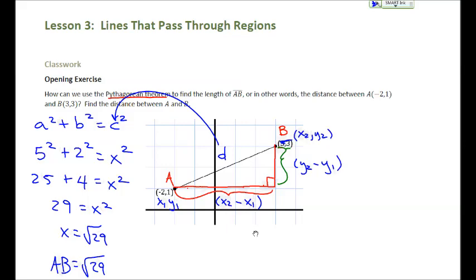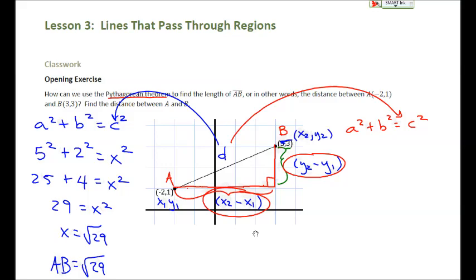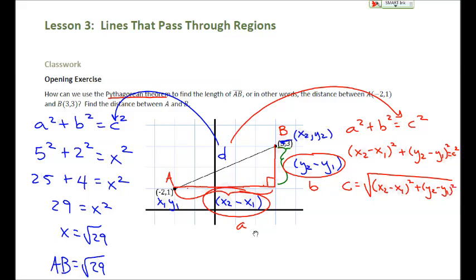And I'm going to rework this in the Pythagorean Theorem, now using this as one leg, and this as the other leg. So I know that a squared plus b squared is equal to c squared, and plugging in d for c, this in for a and this in for b, I find that the distance between the 2 points is x sub 2 minus x sub 1 squared plus y sub 2 minus y sub 1 squared.